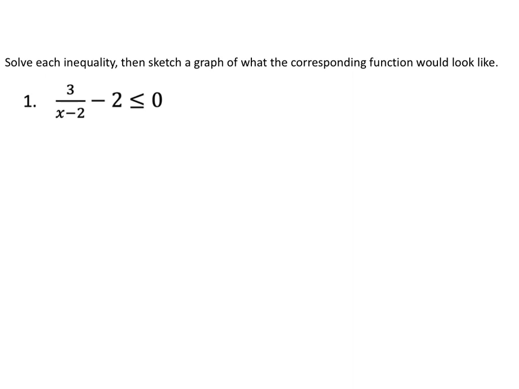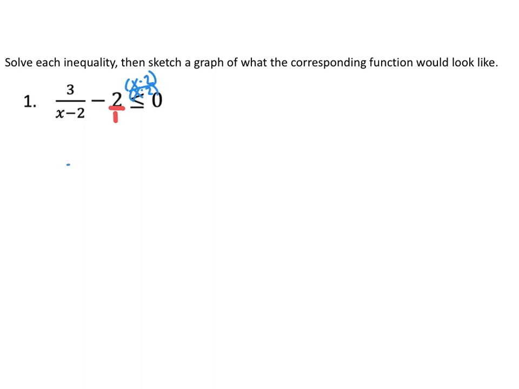In this example, we're going to solve the inequality, and then we're going to sketch a graph of what the corresponding function would look like. So, in order to do this, first of all, we're going to need to simplify this rational inequality. I know I'm going to need a least common denominator, which would be x minus 2.